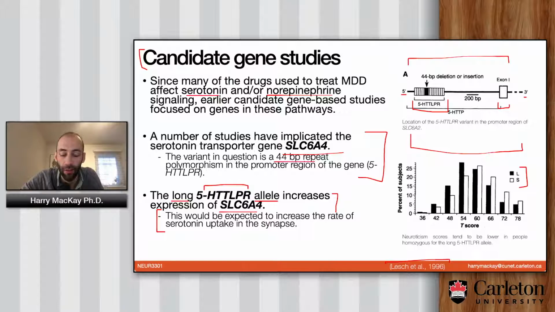This is a histogram style plot, and if you follow the contours, you'll see that the peak or the mean for the long allele tends to have a lower score on this neuroticism scale than people who are homozygous for the short allele. The T-score, I'm not totally sure what that means, but it must be some kind of measurement of neuroticism.